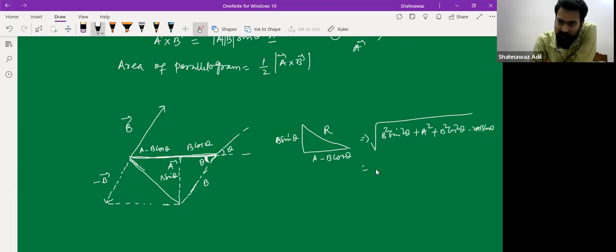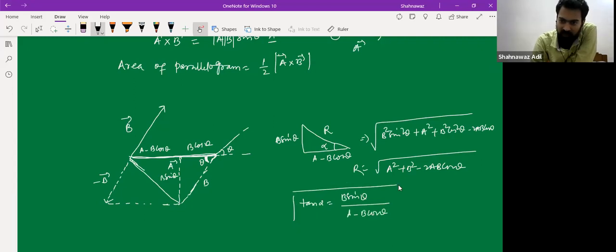So directly I'm writing, A square plus B square minus 2AB cos theta, and this is the resultant. And what would be the angle here? So tan alpha would be B sine theta upon A minus B cos theta. Right, so this is what you were asking.